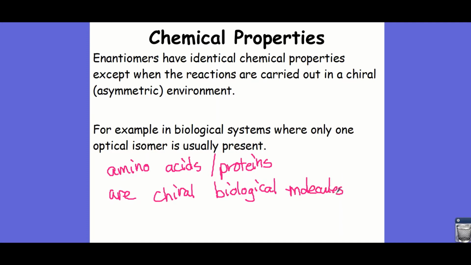They contain a chiral center. So the R enantiomer will behave differently in the human body than the S enantiomer. And as you can imagine, that has huge implications for drug design.